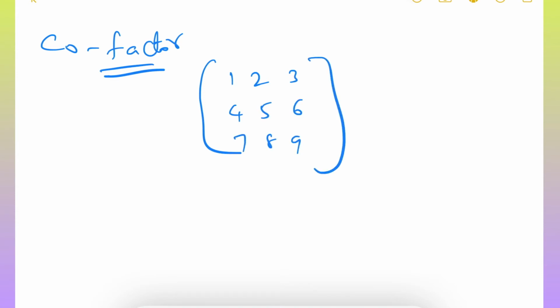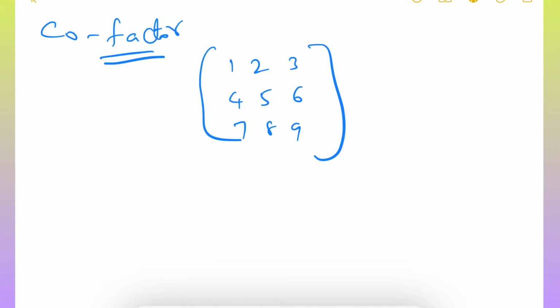For example, I have a matrix 1, 2, 3, 4, 5, 6, 7, 8, 9. I need to find the cofactor of A12. A12 is nothing but the first row, second column element. This is the element, so I am willing to find the cofactor of element 2.